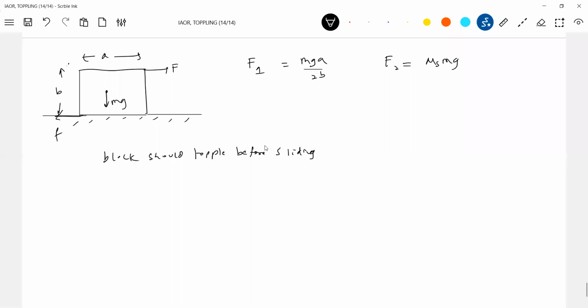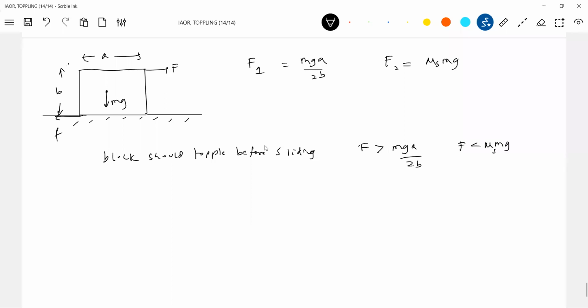So what is the condition? The applied force should be mga by 2b. At the same time, this force should be less than the friction force, mu s mg.